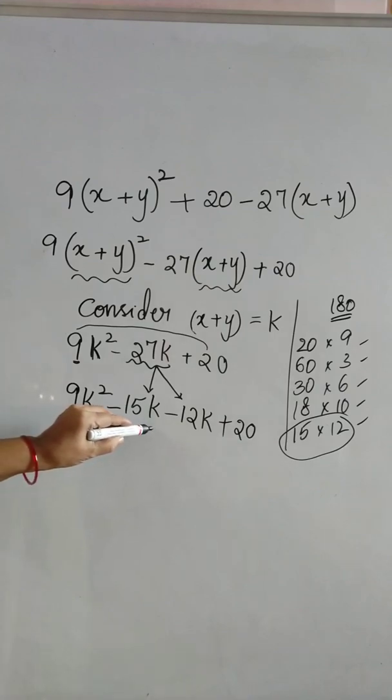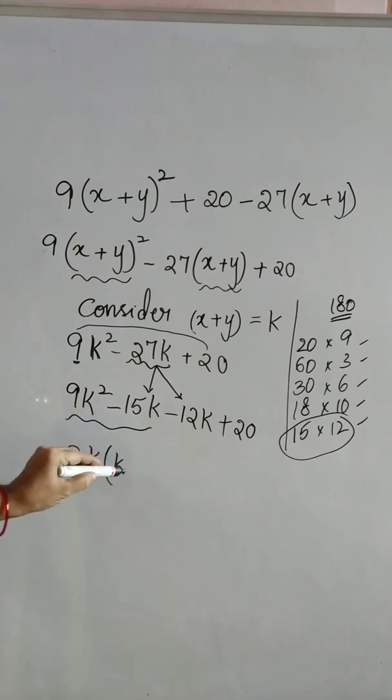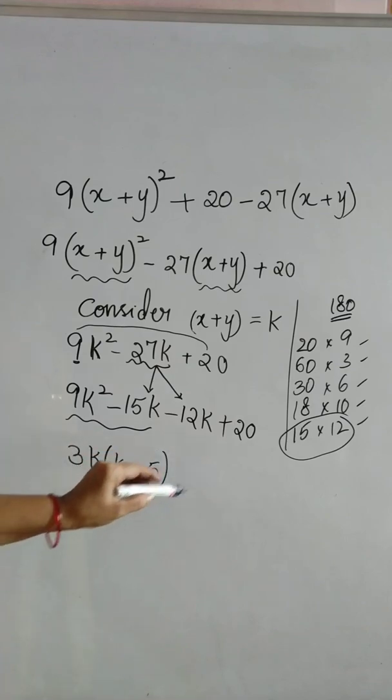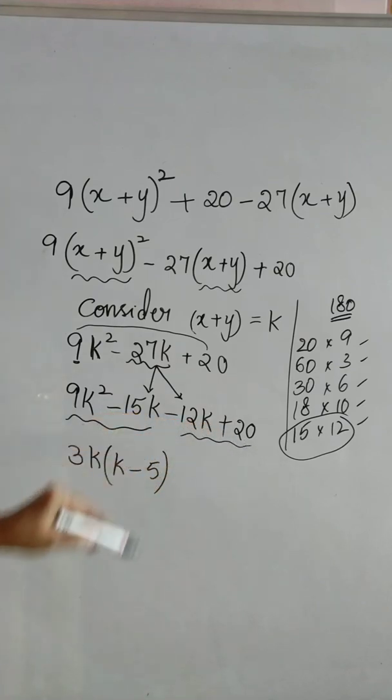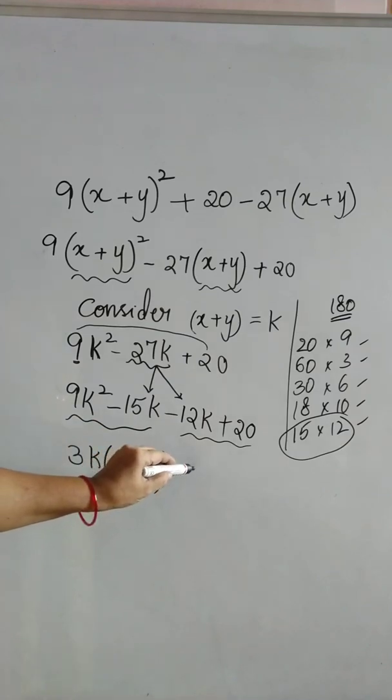In these two terms, now we can take 3k as common. So we write here 3k into k minus 5. And again in these two terms we can take 4 as common.